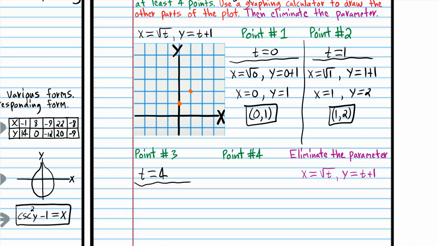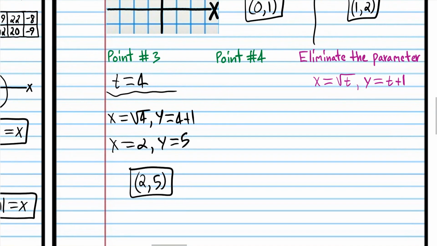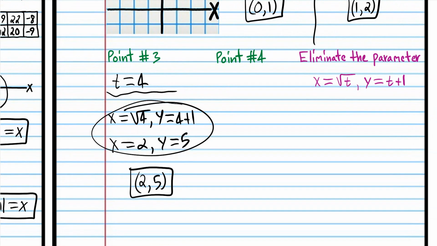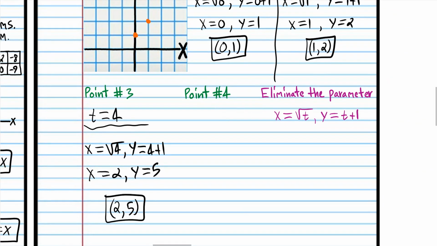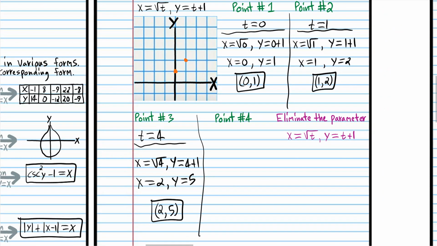I'm trying to avoid irrational numbers. So x is equal to the square root of 4, y is equal to 4 plus 1, so x is equal to 2, y is equal to 5. Again, you don't have to show every step of this math. You can do it in your head. You don't have to show it on the test, because this is just basic mathematics.